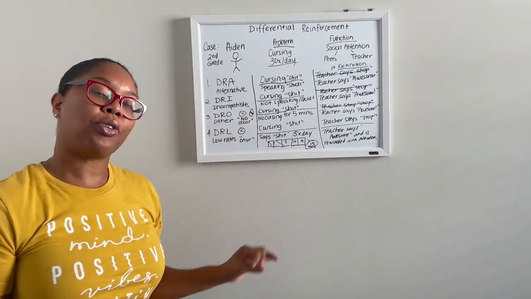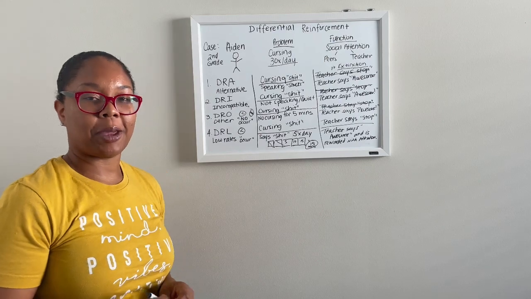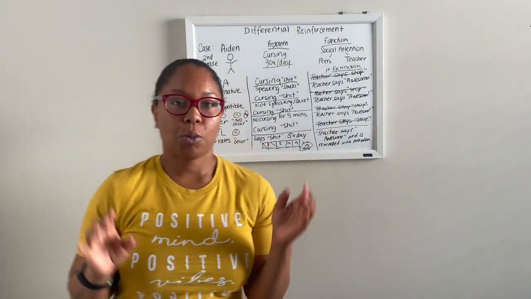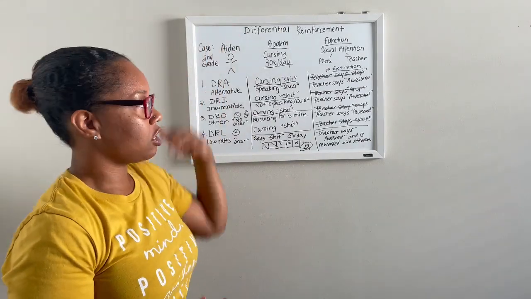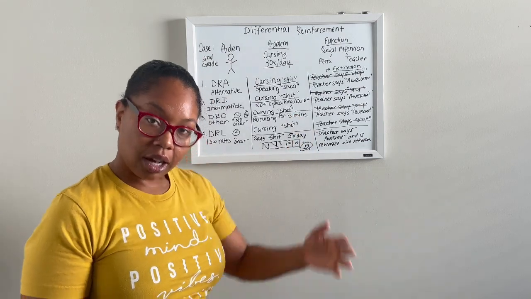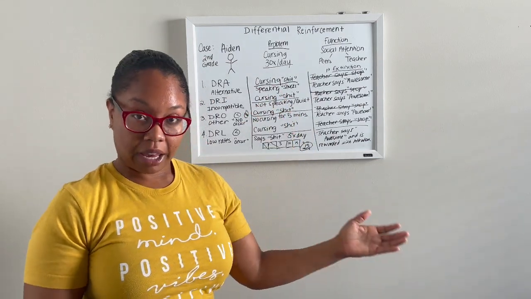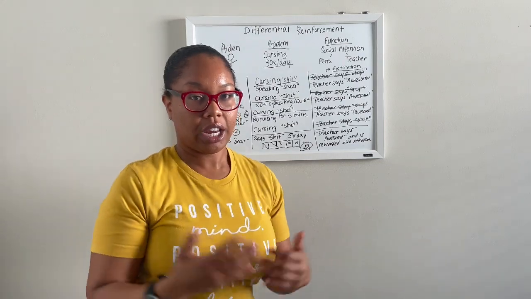These are our 4 types of differential reinforcement used in ABA. So just to recap one last time what differential reinforcement is, it is a procedure that is used in ABA to weaken undesired behavior and to strengthen a desired behavior, increase it.